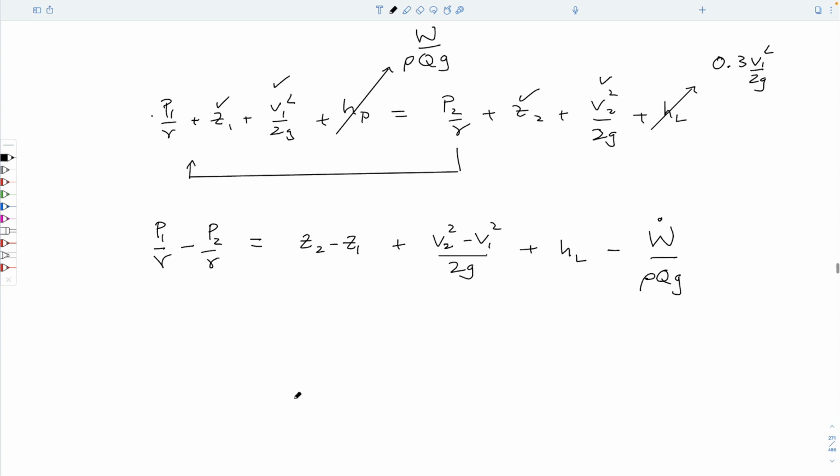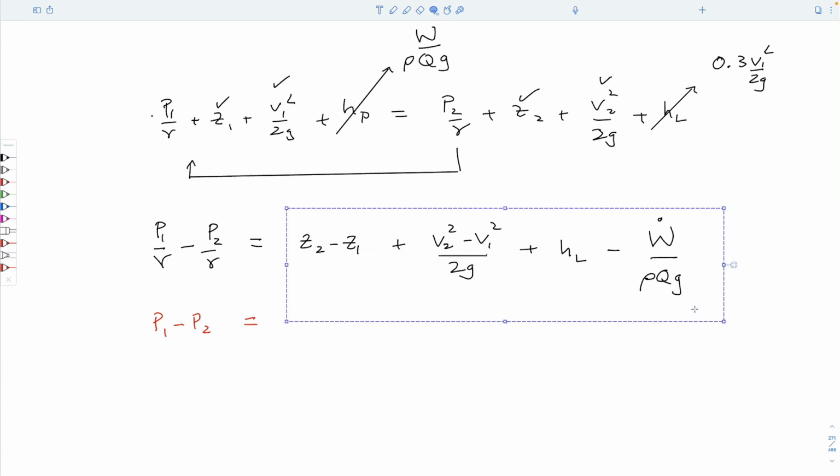And then I would change that to being maybe P1 minus P2, which is what we want, is equal to, let's see if I can be clever and do it this way this time. This whole expression here doesn't let me duplicate it. Can't do it. So let me write it.